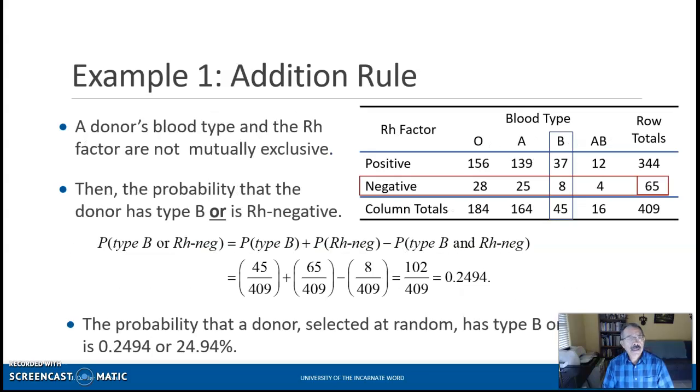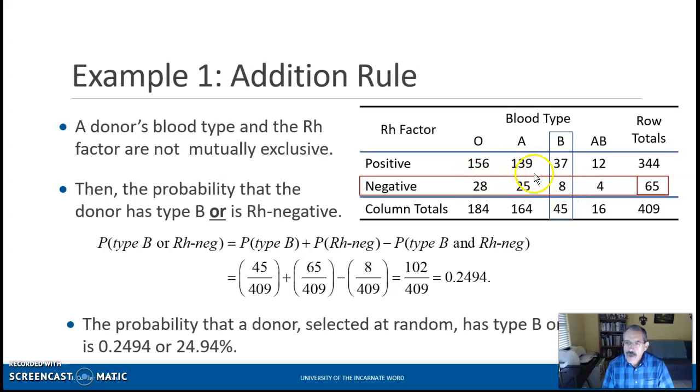All right, in the next question, they're asking us if the donor has type B or has Rh negative. In this case, a donor can have a particular Rh factor on any of the blood types.